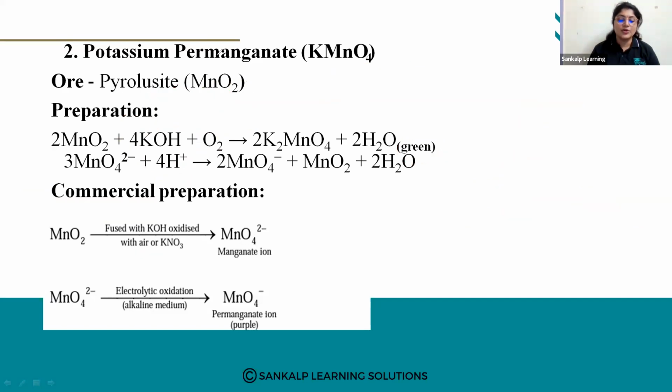In the first step, what is produced? The manganate ion is produced, and in the second, the permanganate ion is produced. Can you tell me the oxidation state of Mn in KMnO4? Yes, can anyone?